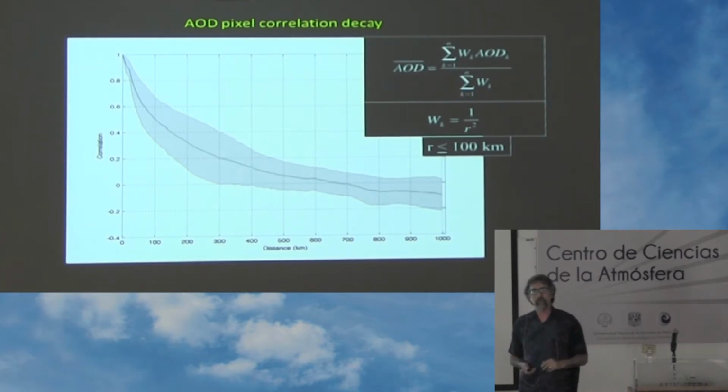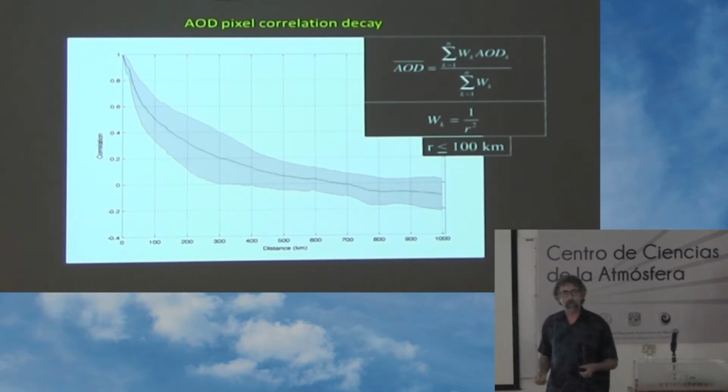Okay, not bad. Now, you could argue maybe we should have used 50 kilometers or maybe 200 kilometers. It doesn't really matter, because what we did is we estimated the aerosol optical depth in the cloudy areas using a distance-weighted interpolation technique.